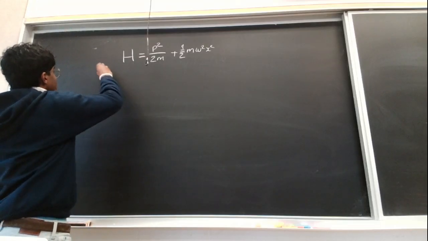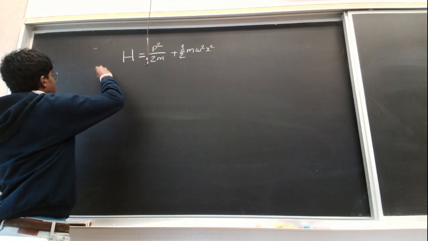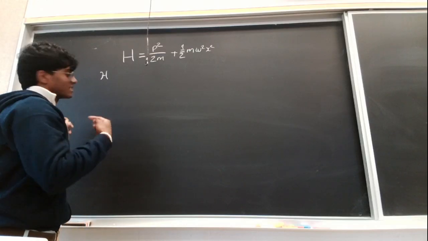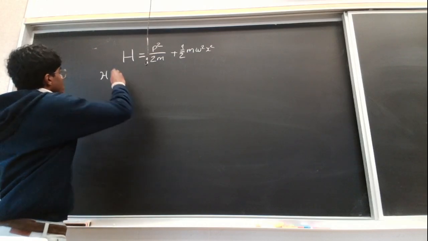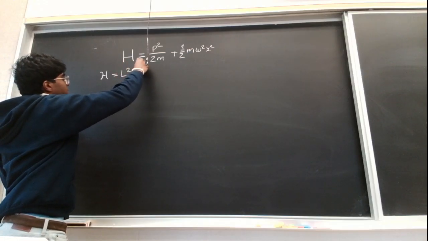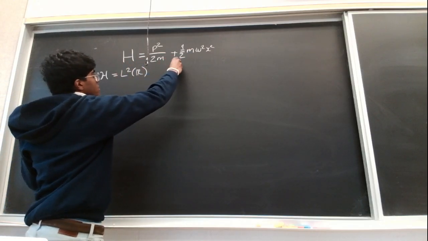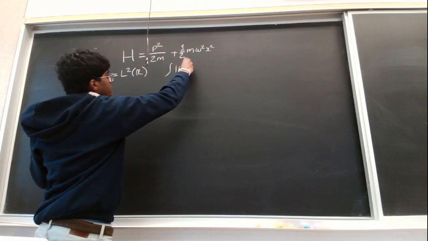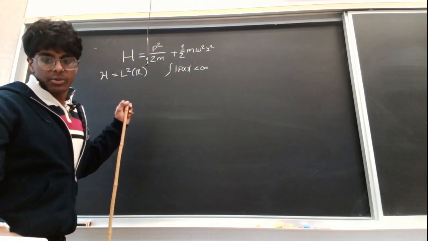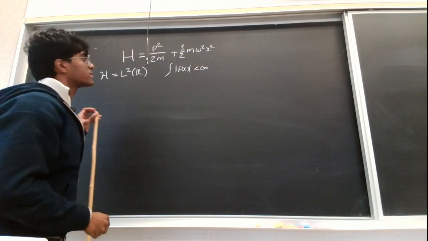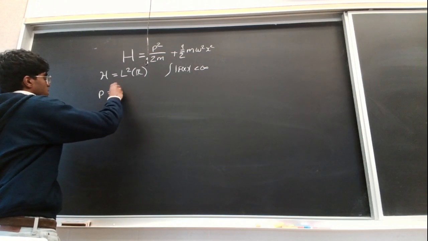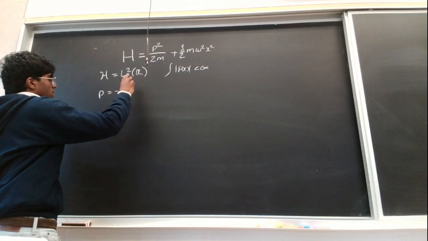Perfect. Now we take the Hilbert space, just like last time, and that's going to be the square integrable functions. And we're going to quantize H, which means this P is going to become negative i times the derivative with respect to X.